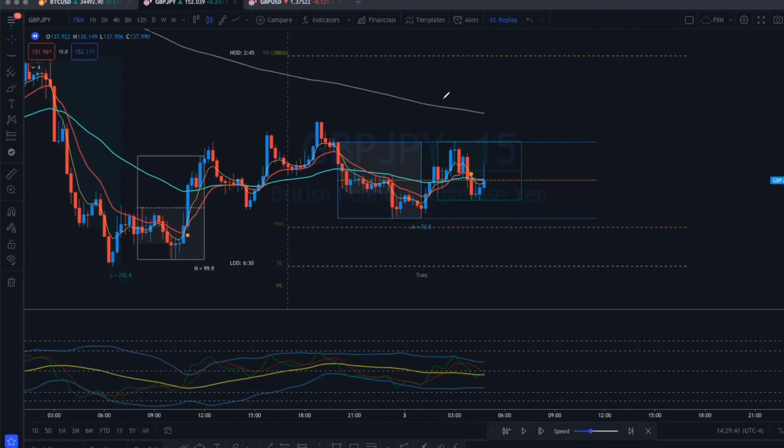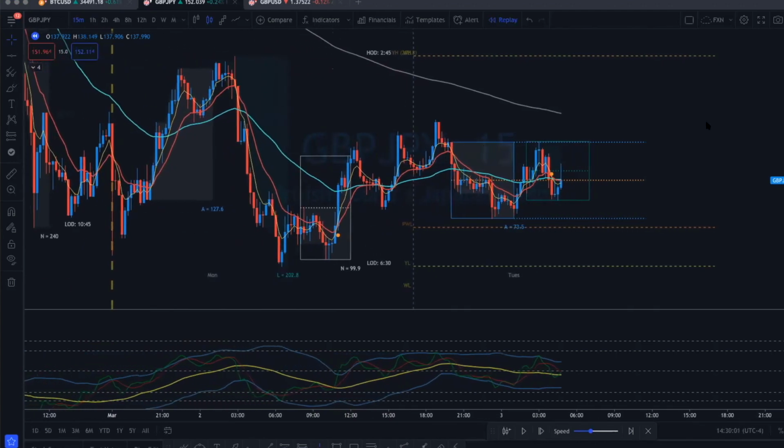The only thing I'm looking at here is potentially this being a first leg, but I would need this to come back up for a second leg type two. My bias is still to go short until proven wrong.